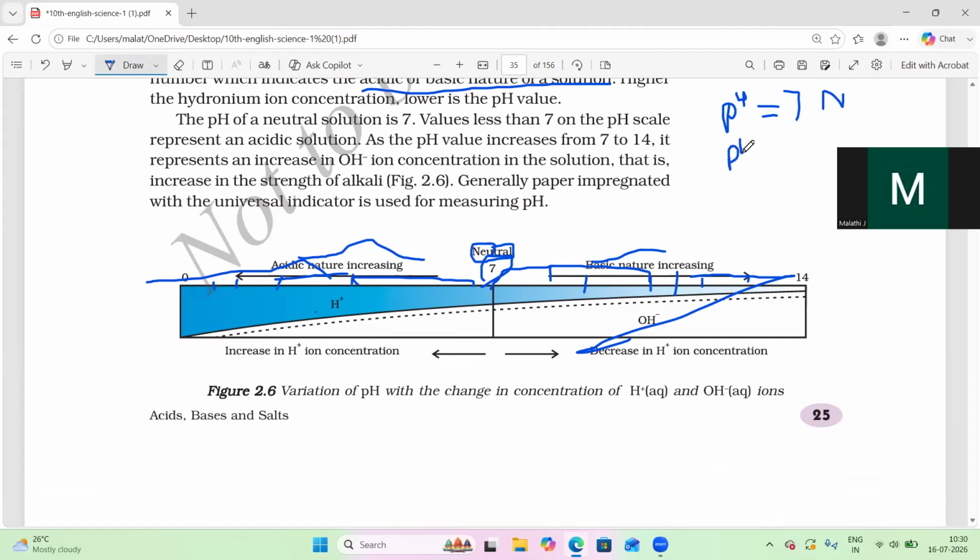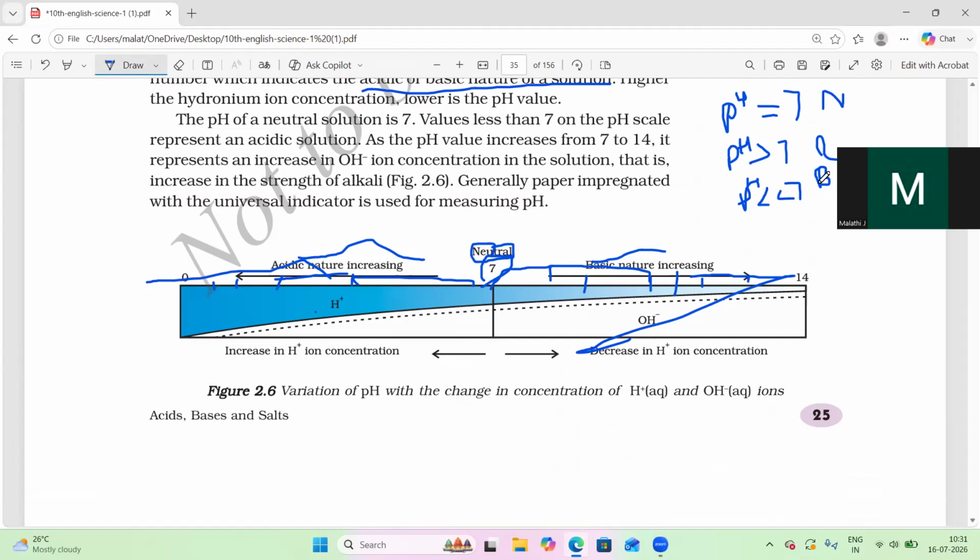If pH is less than 7, then the nature of the solution will be acidic. If the pH of the solution is greater than 7, then the solution will be basic. This you should remember. This is a very important question.